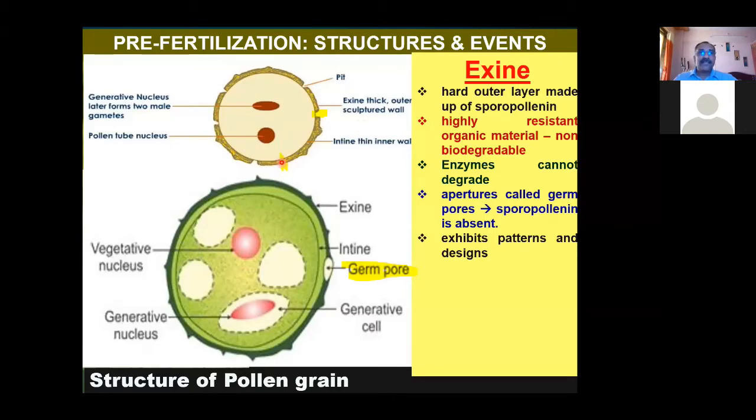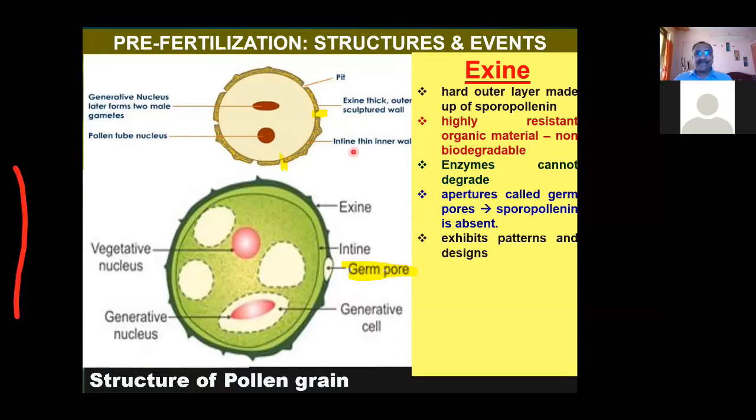This inner layer will come out as a pollen tube. For that purpose, this germ pore is there.